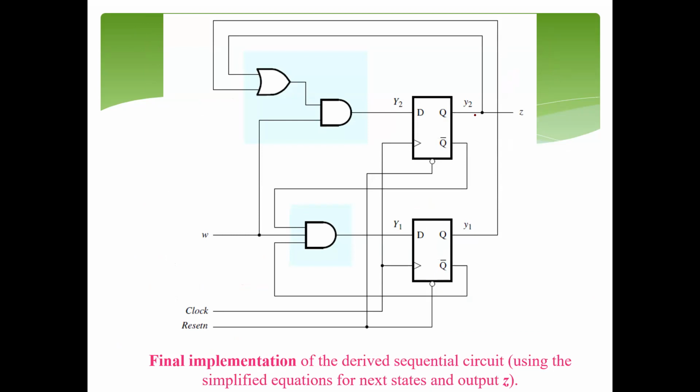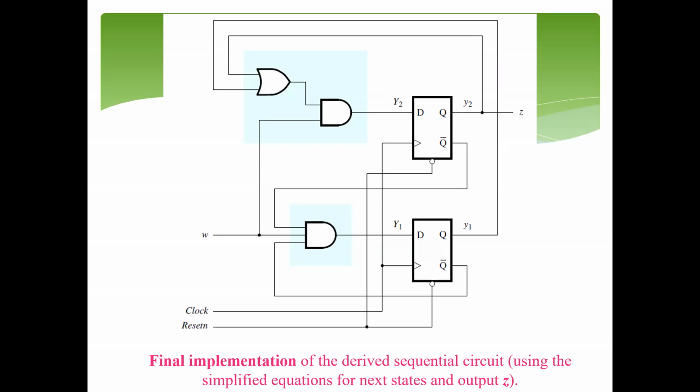So if you have any difficulties, you should go back and review the slides for 211 chapter 4. They will have more information about creating these circuits. I think it was chapter 4 part 2. Chapter 4 part 1 was about latches and flip-flops. Chapter 4 part 2 is about sequential circuit design.